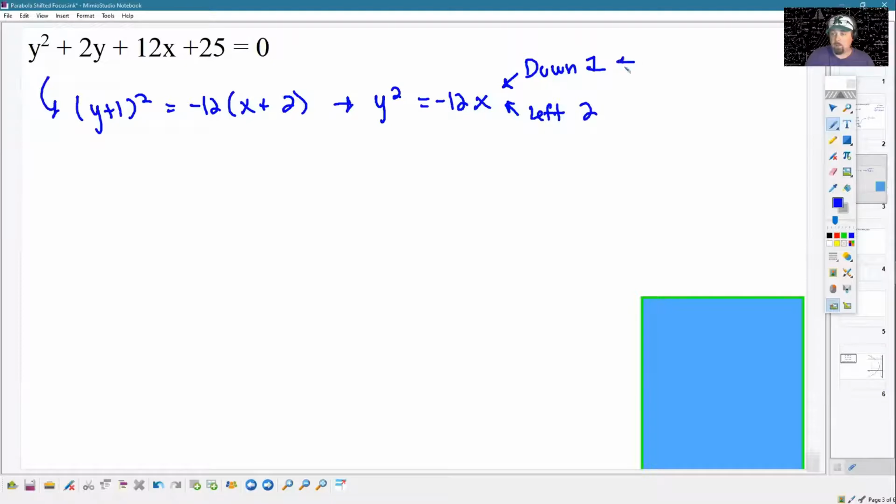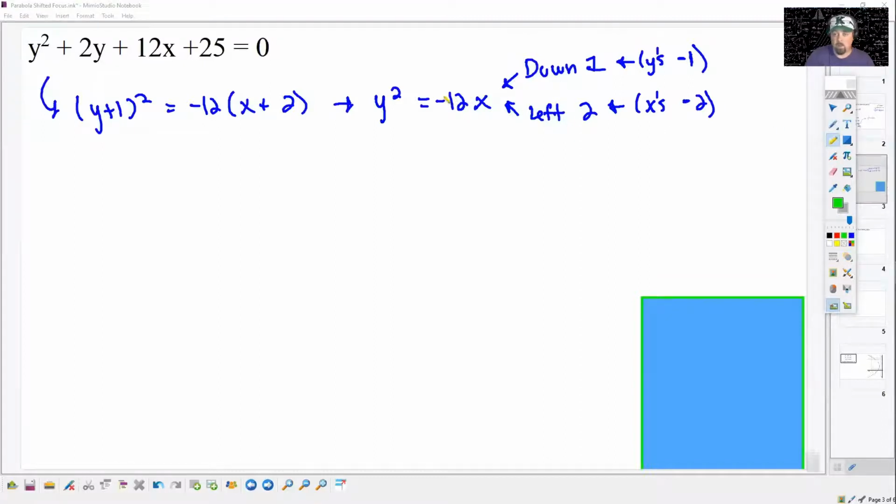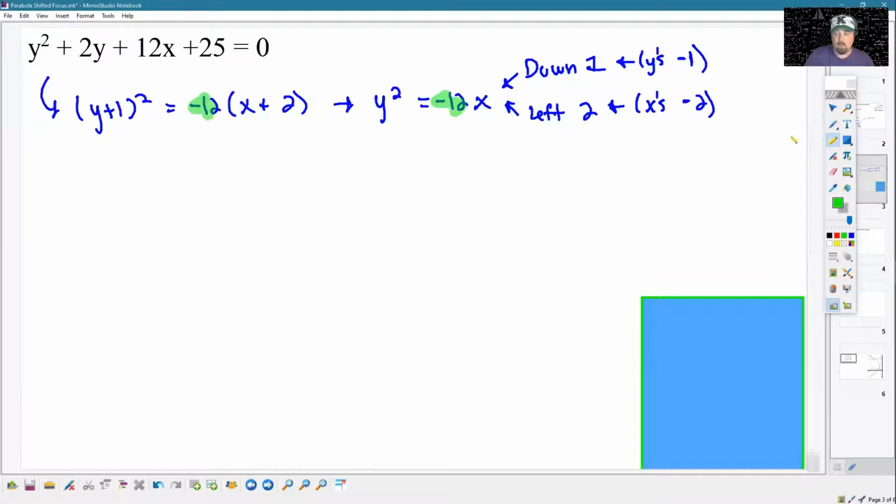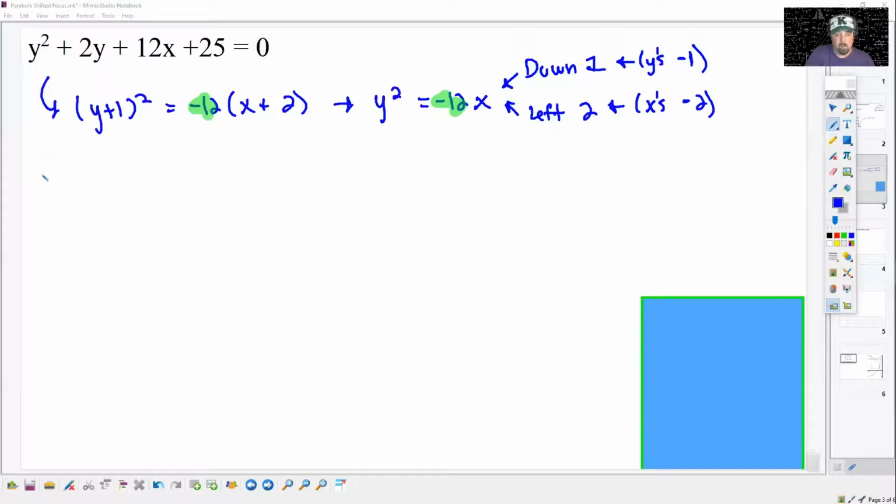Now down is going to affect our y's. It's going to take away 1. So whatever we have for those coordinates, we can minus 1 from the y's. Left is going to affect the x's, and we can minus 2 from those. So we still use this number 12 to figure out what p is, and then we'll change everything.